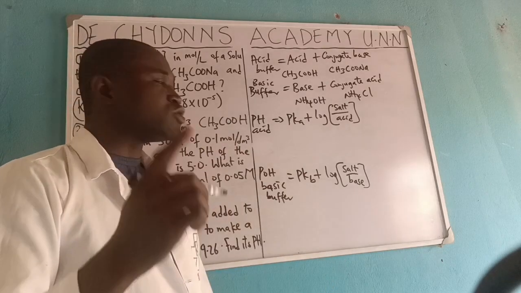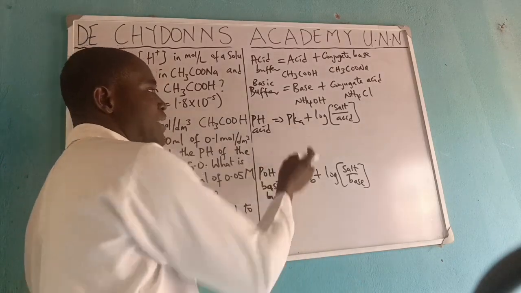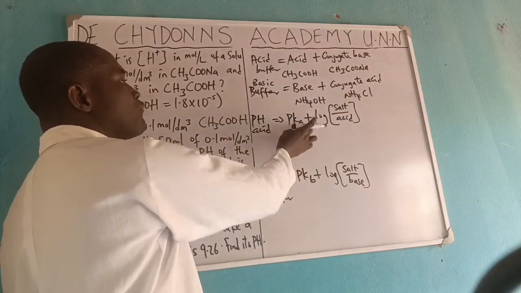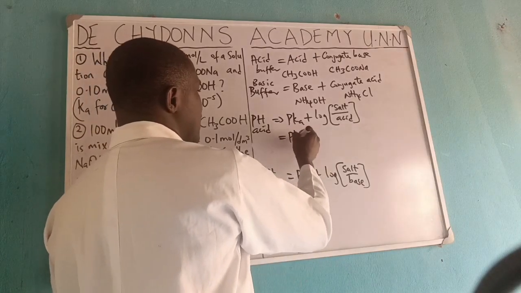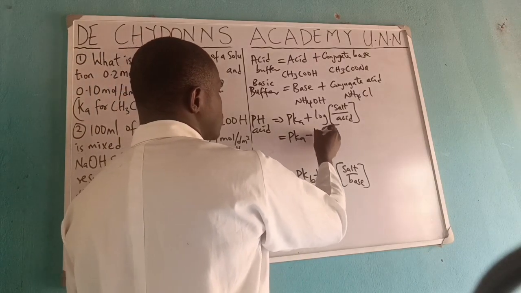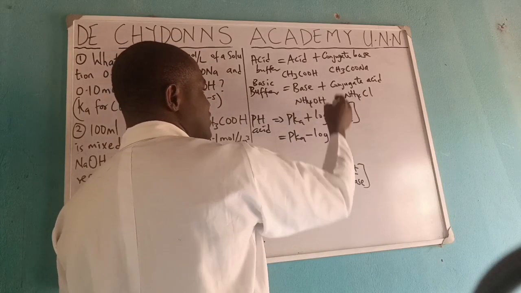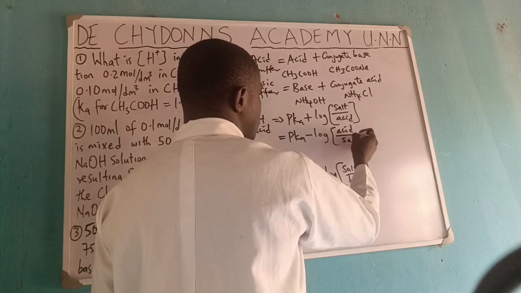Now, I want to let you know that mathematics can be applied here. There is a lot of mathematical work they can use to confuse us here. In some textbooks, they can say pKa minus log. Once you put minus here, it means you invert this. It becomes acid over salt.